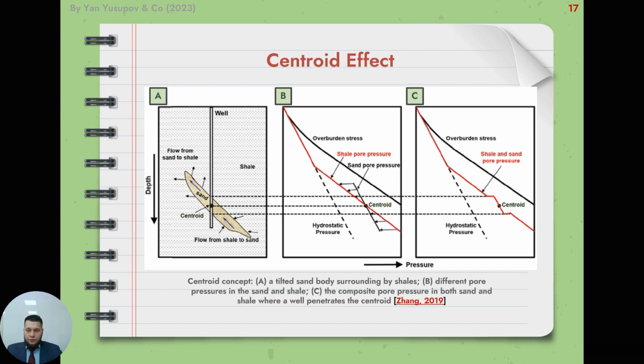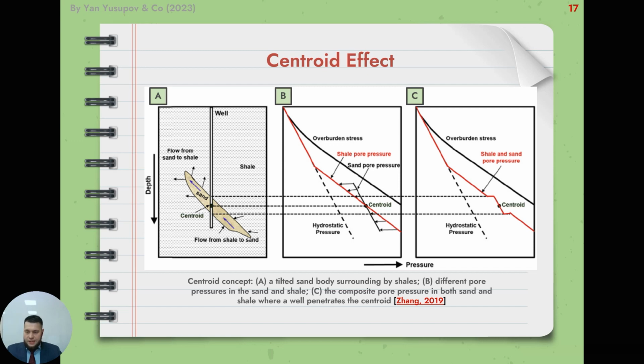The discovery of the centroid concept was made based on the observation that the shale pressure and sand pressure experience distinct local gradients. It should be known that the pore pressure in tilted sand doesn't match the pore pressure in shale due to the significantly low permeability of shale formation.